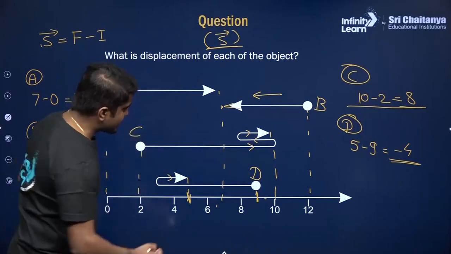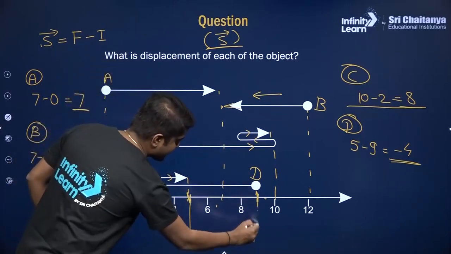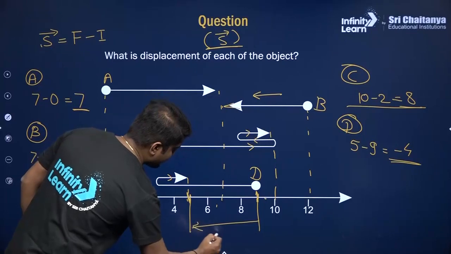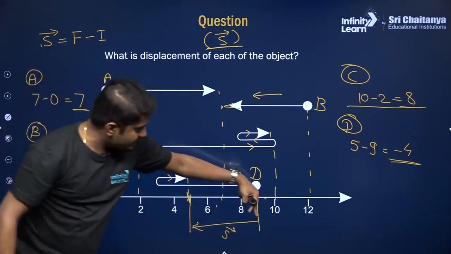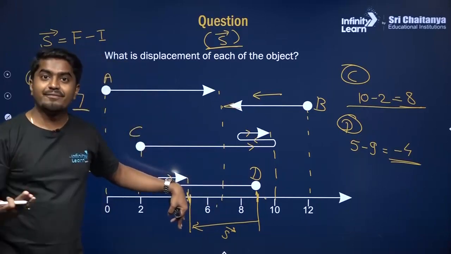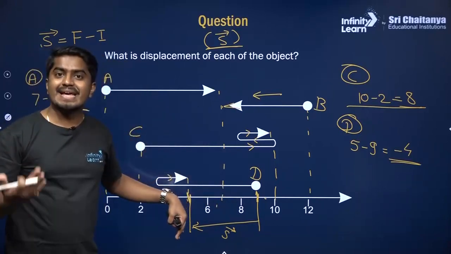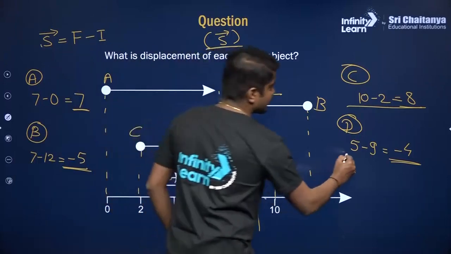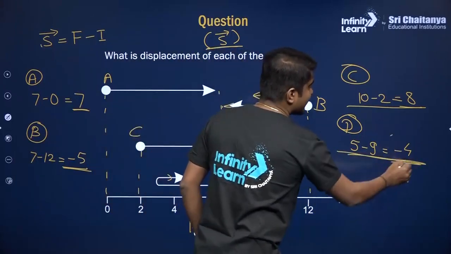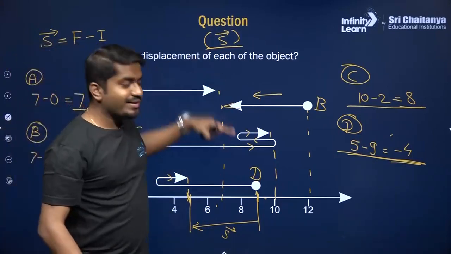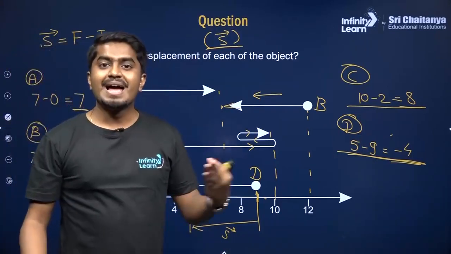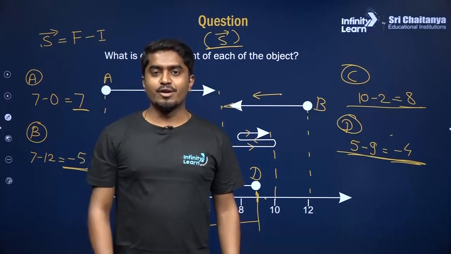But the net displacement, you see there is a final, there is an initial, and this is the net displacement. Net displacement is towards the left or towards the negative x-axis. That is the reason the displacement sign here is minus 4. Clear now? So this is how we calculate the displacement and distance of the different objects.